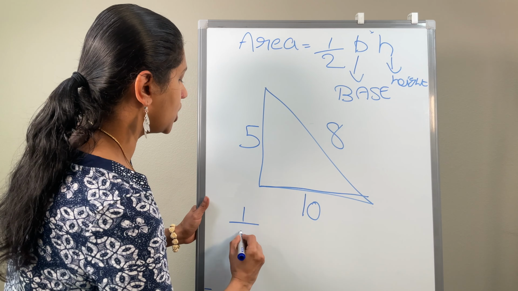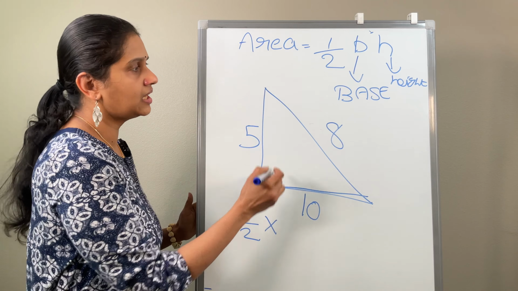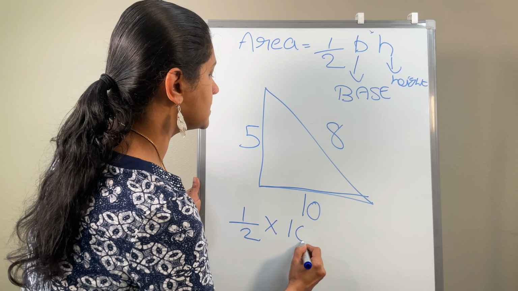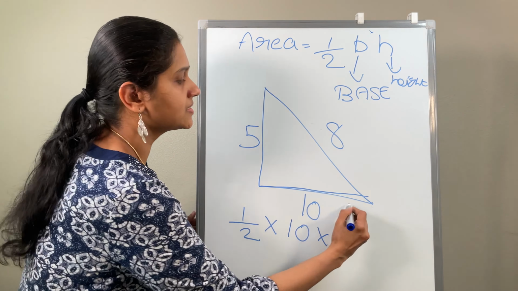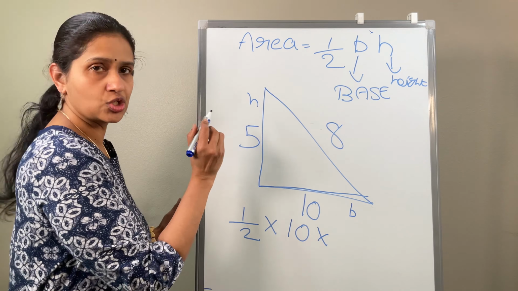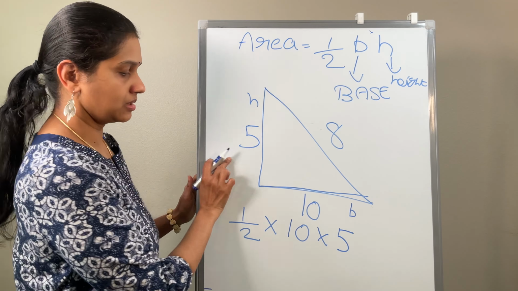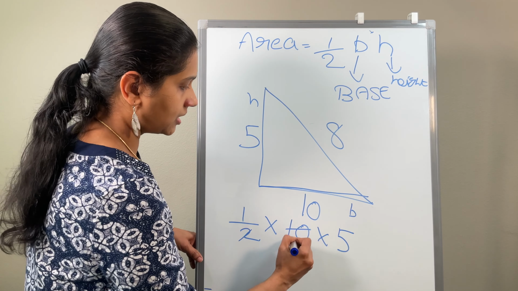So 1 by 2 times base, this is called the base, this is the height, this is the hypotenuse. So 1 by 2 times base is 10 and what is the height? This side is called the height. This is the B, this is the H. So B times H, I am applying that formula. This is 5.